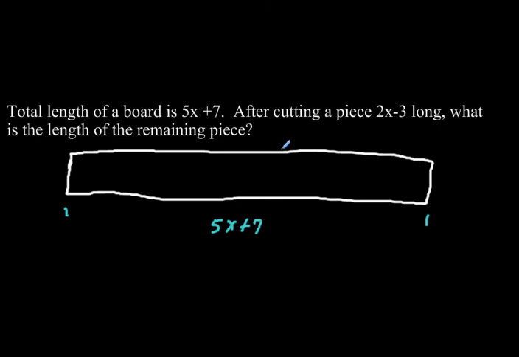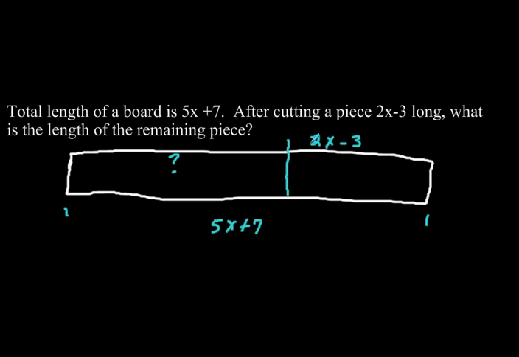The instructions say that we cut the board off right here, approximately, and this side was 2x minus 3 long. I need to figure out that right there. Take a minute and see if you can figure out what the equation would be. Pause the recorder now.